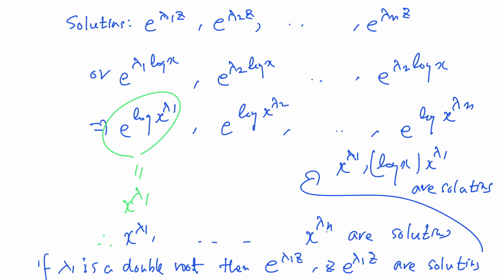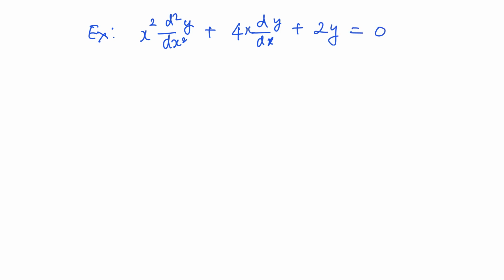So let's have an example. Still need to copy. So example, they say x squared d squared y over dx squared plus 4x dy over dx plus 2y is equal to 0.